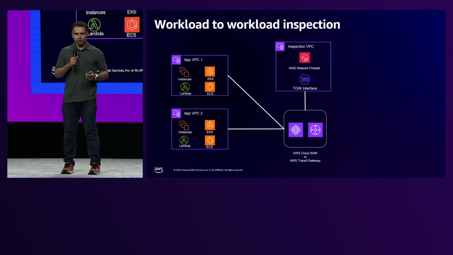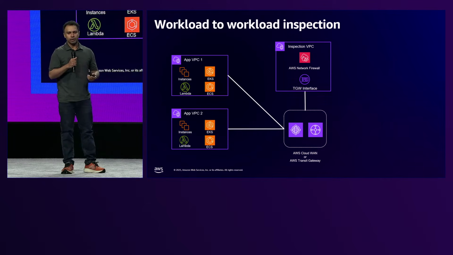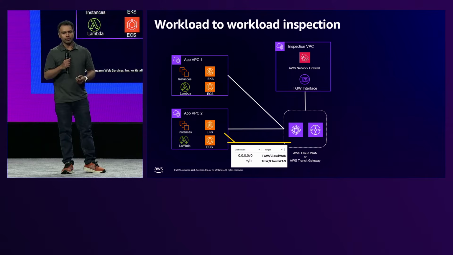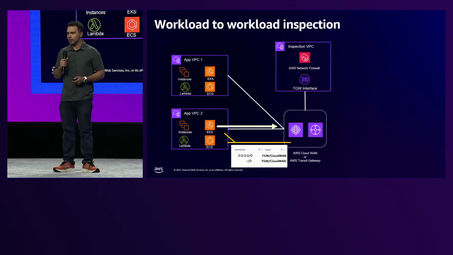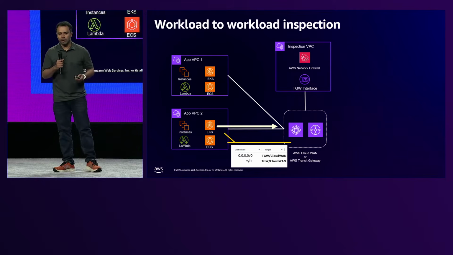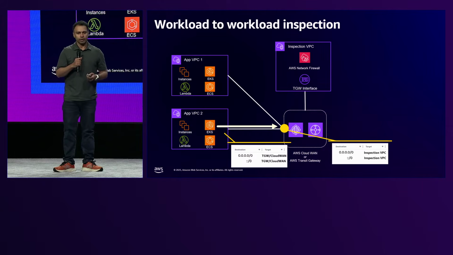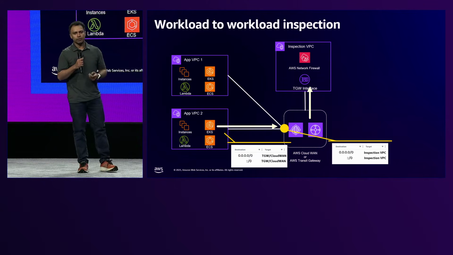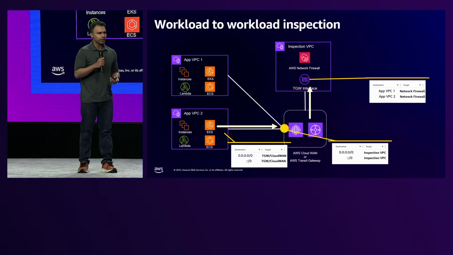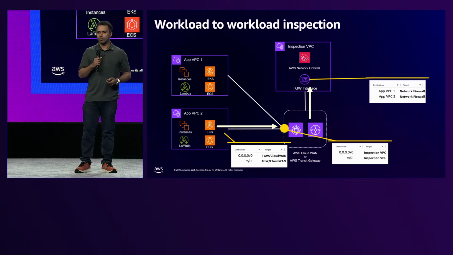Now, earlier you heard Tom mention that you can use routing tables to influence traffic between VPCs. So in this case, you would have a static route within your source VPC that would punt traffic towards Transit Gateway or Cloud WAN. Now on the Cloud WAN or Transit Gateway, you would need a route that sends traffic to the inspection VPC. Within the inspection VPC, you would have a route that would send traffic to the firewall endpoint.